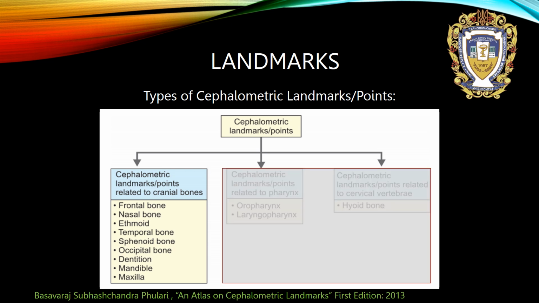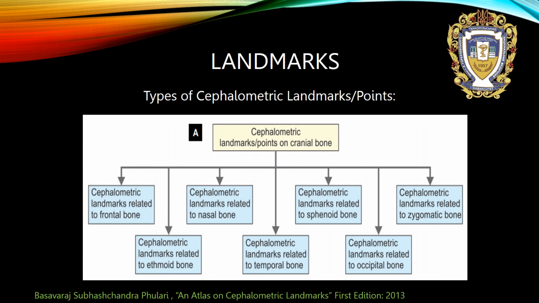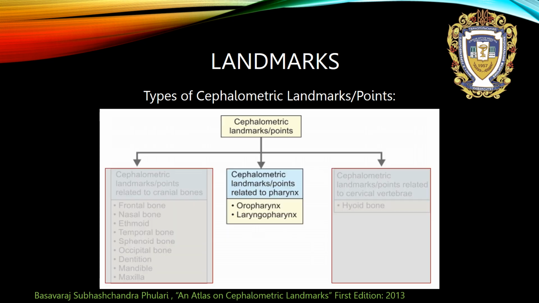Now let's talk about landmarks related to cranial bones. They are divided into those related to frontal bone, ethmoid bone, nasal bone, temporal bone, sphenoid bone, occipital bone, and zygomatic bone.